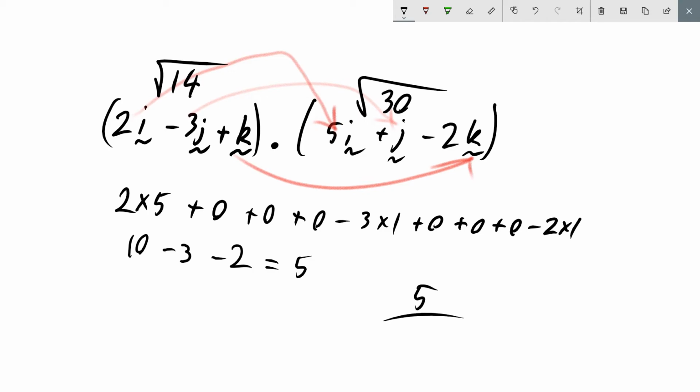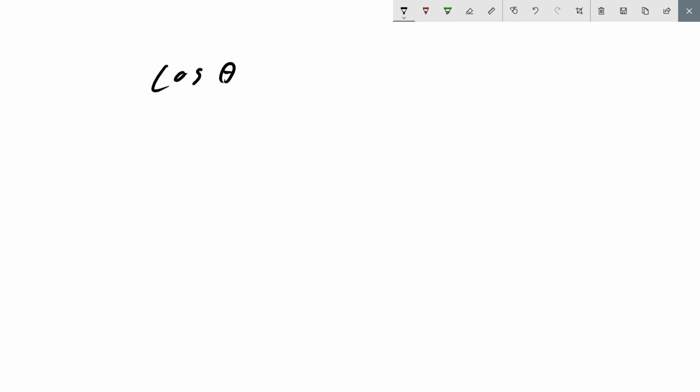5 divided by root 14 times root 30. And whatever that is, that's going to be our cos theta. And then you can just use inverse cos to find whatever the angle theta is. So we said cos theta is going to equal 5 over root 14 root 30.